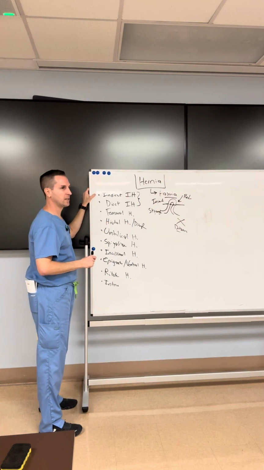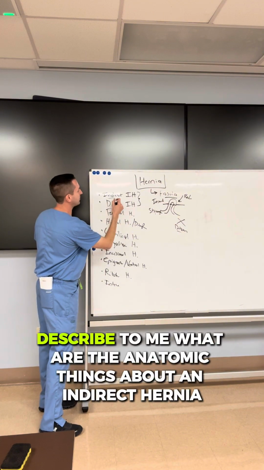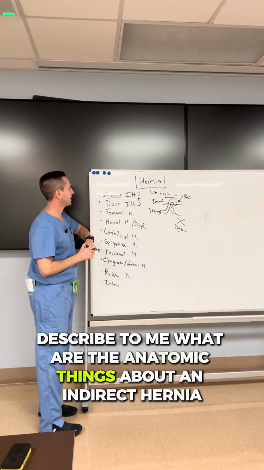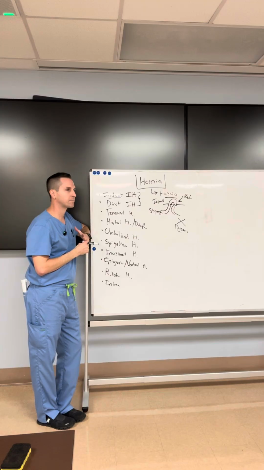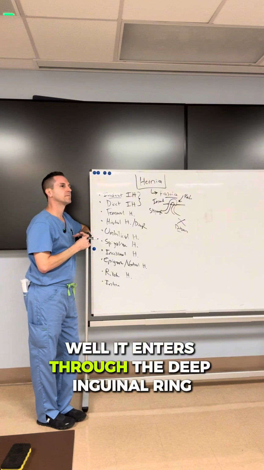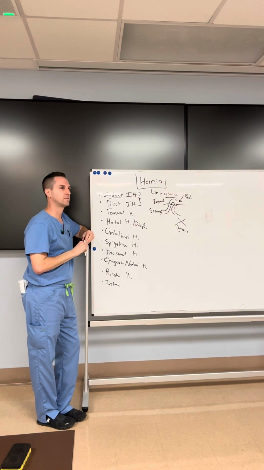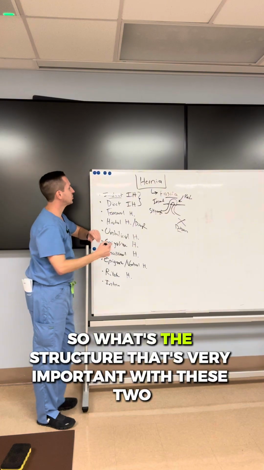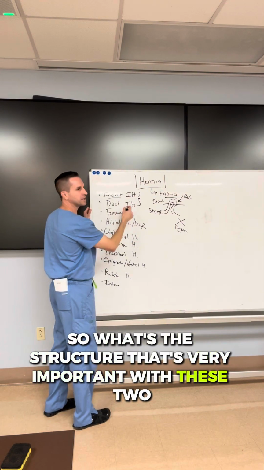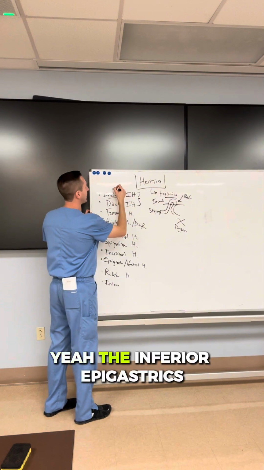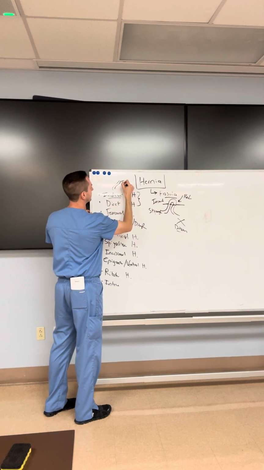So, all right, we started with Ryan, right? Describe to me what are the anatomic things about an indirect hernia? Well, it enters through the deep inguinal ring. Okay. Exits the superficial. So what's the structure that's very important with these two? The inferior epigastric vessels, okay?